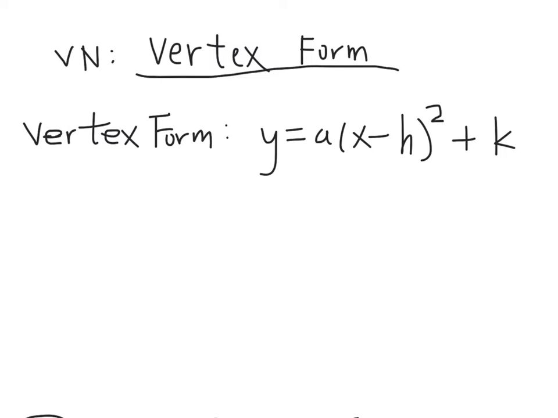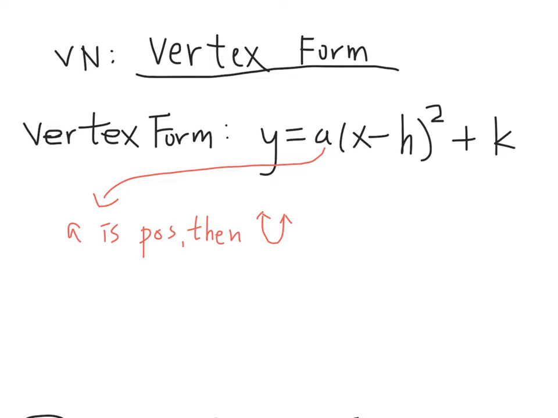So let's start with a. A actually tells you a bunch of stuff. Because when a is positive, then you have an upward parabola. So just draw an upward parabola.